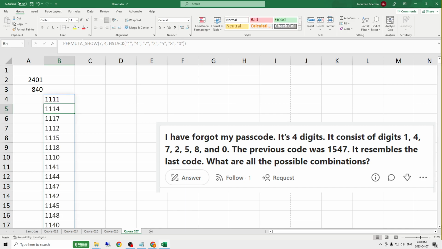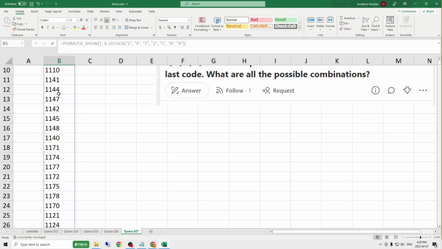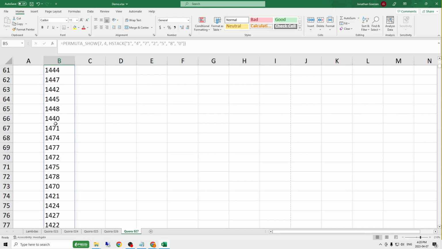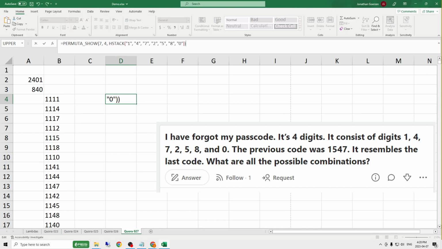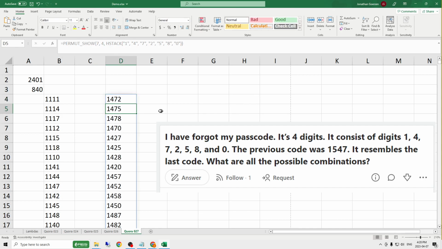I close that off. This function generates all of the 4-digit combinations using those numbers. And remember, there's a lot of them. Now, similarly, I wrote a function if the repeats are not allowed, if you can't use the same digit multiple times. It performs the same function, but it removes all of the options where there are repeated digits.